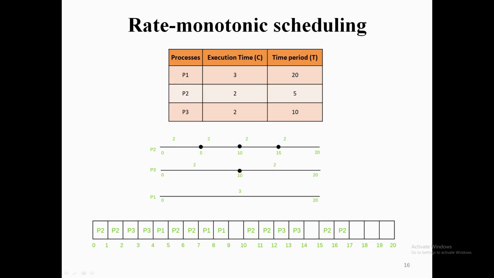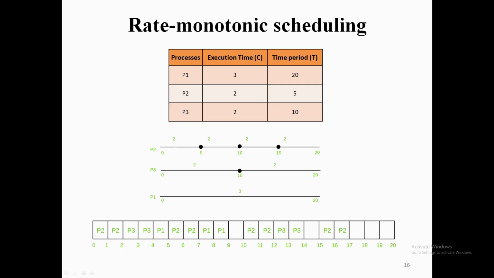For example, in the 20 time period, P1 will be executing for 3 seconds, P2 will be executing for 2 seconds in every 5 interval of time, and P3 will be executing for 2 seconds in every 10 interval of time.